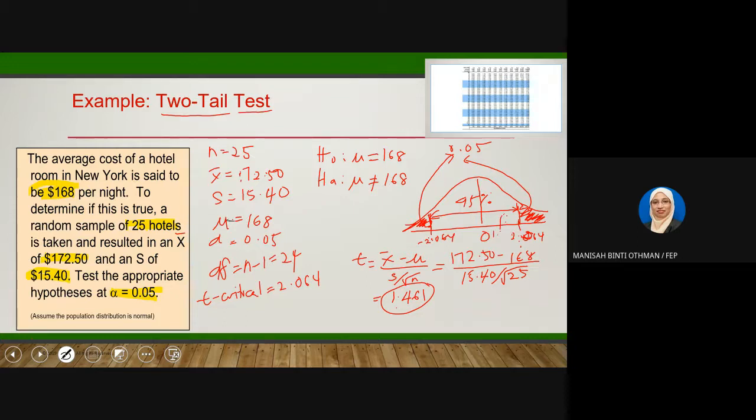So 1.461 is in this area, between 0 and 2.064, less than 2.064 but more than 0. So this is a non-rejection region.